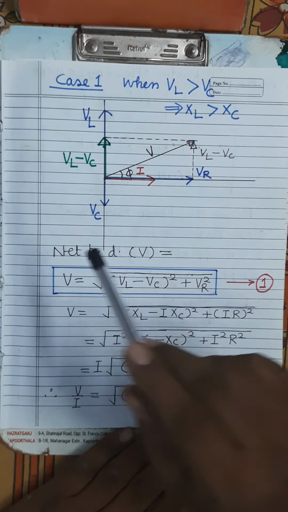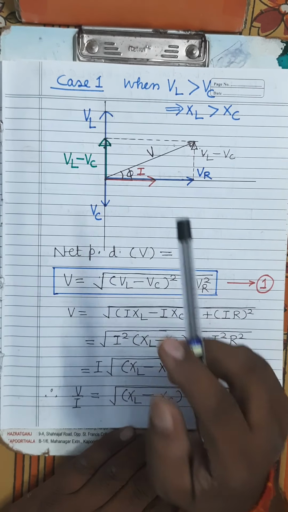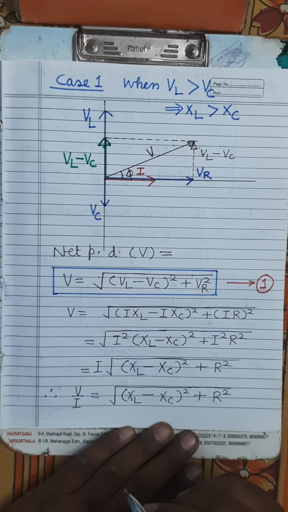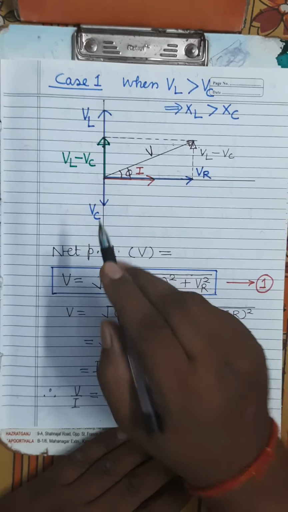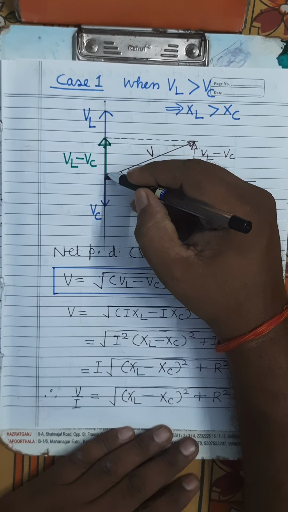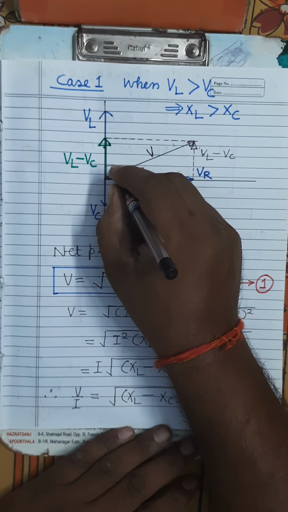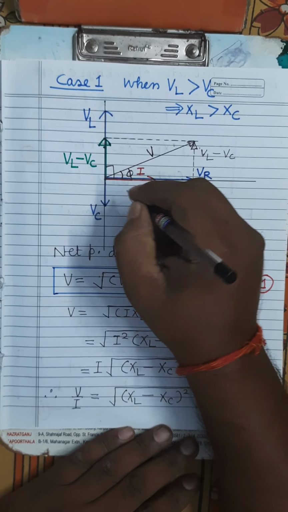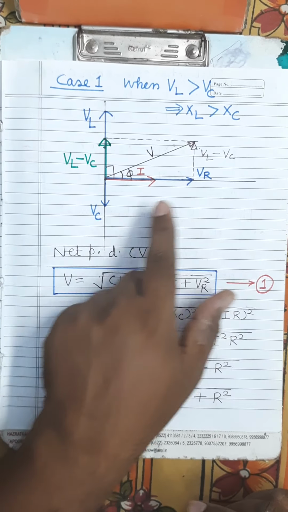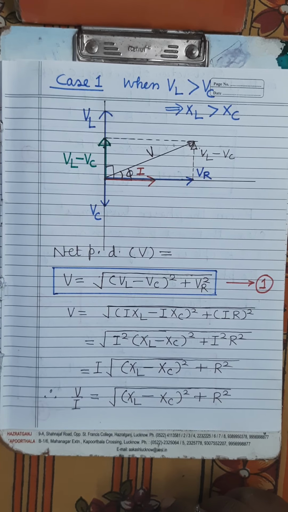The potential difference across the inductor leads the current by a phase angle of 90 degrees, pi by 2. That's why the phasor of current is in this direction, while the phasor of VL is 90 degrees ahead, in the anti-clockwise direction, and the phasor of VR is along the phasor of current.